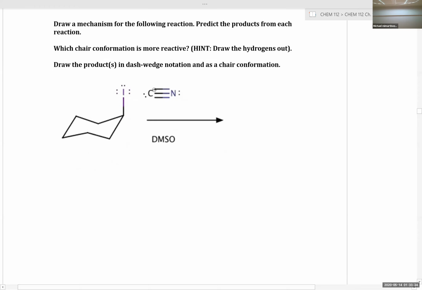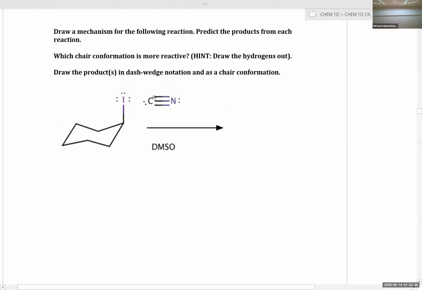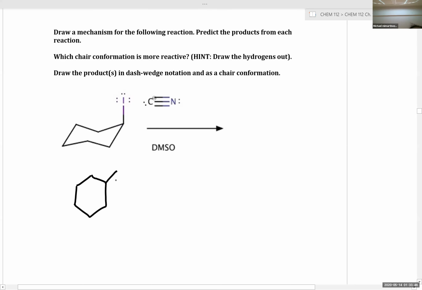So I'd like you to take a moment and look at the following compound, which is one conformation of this compound shown here. Iodocyclohexane.